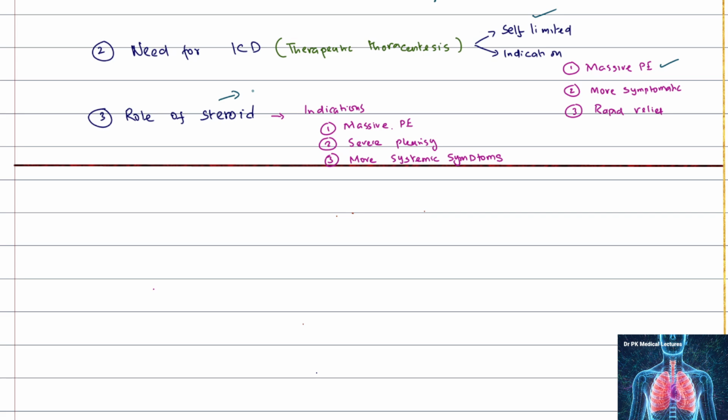Steroids are not usually given, but we have indications for steroid in treating the tuberculous pleural effusion. Number 1, in cases of massive pleural effusion, or if there is a severe pleuritic type of chest pain, or if the patient has more systemic symptoms. So these are indications for steroids.